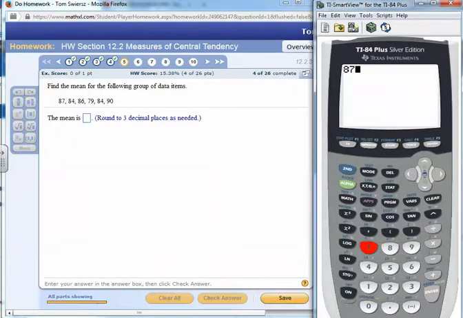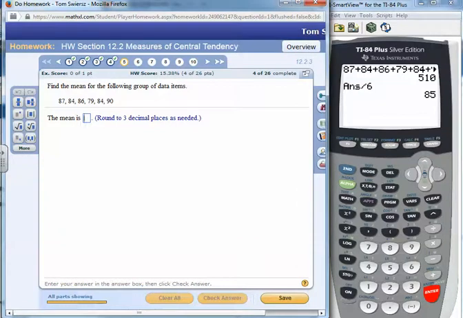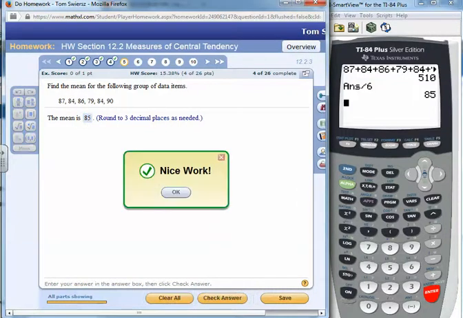First, I'll just add them all up: 87 plus 84 plus 86 plus 79 plus 84 plus 90, and there's all our values. There are 6 numbers, right? So we take that value, divide by 6, and get 85. Notice it came out to be a whole number, so we don't have to worry about rounding decimals.